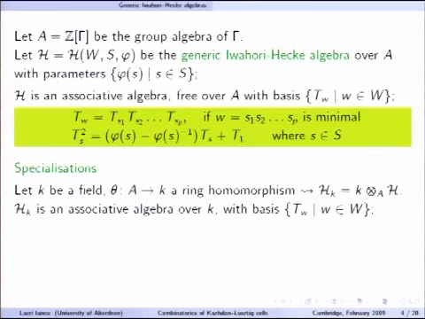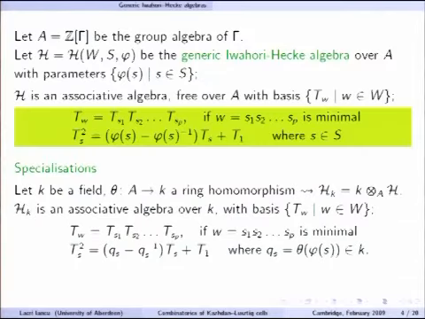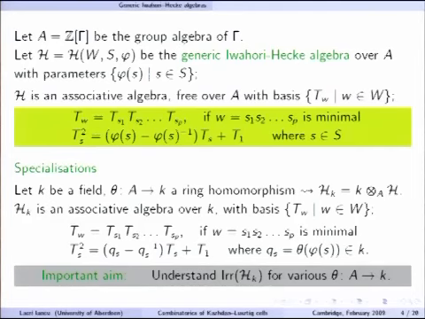It's an associative algebra with a basis labeled by the elements of the group, and multiplication just obtained by the above, where phi of S is replaced by theta of phi of S, which we denote by q_S. Now, of course, this brings us immediately into a huge universe, because you can think of many, many specializations. So this would be one important aim, to understand the irreducible representations of H sub k for various such specializations.